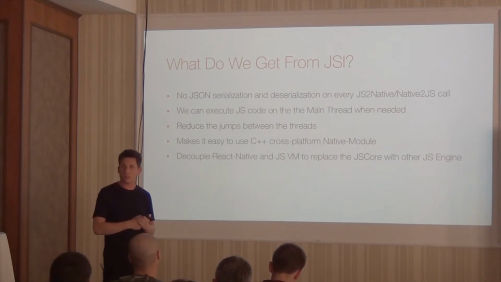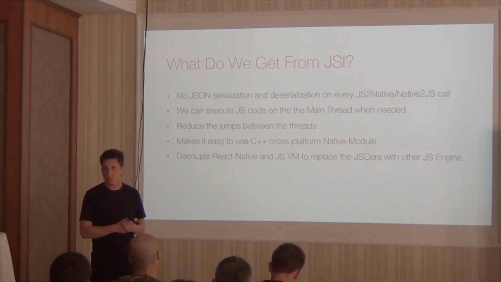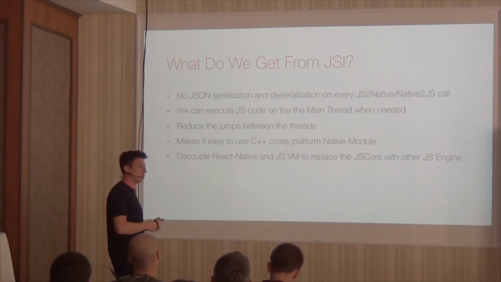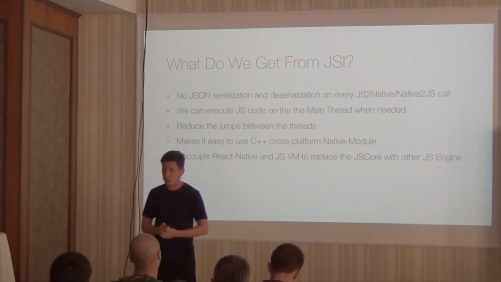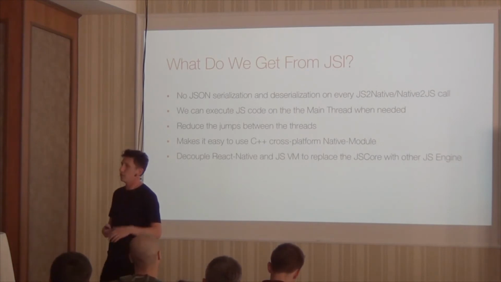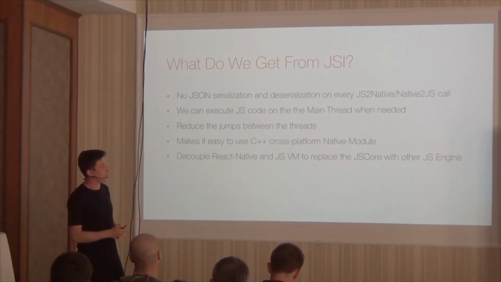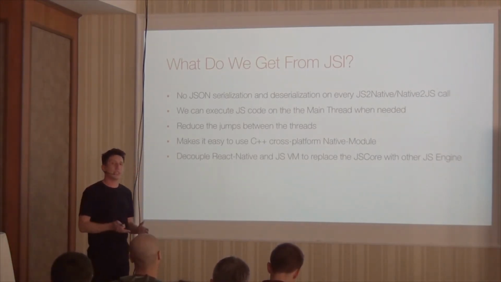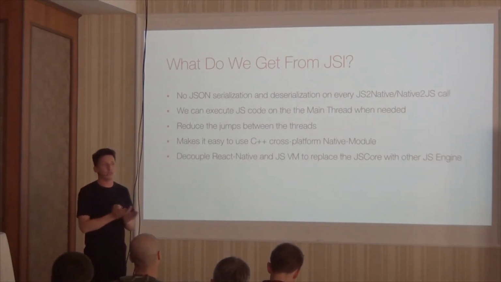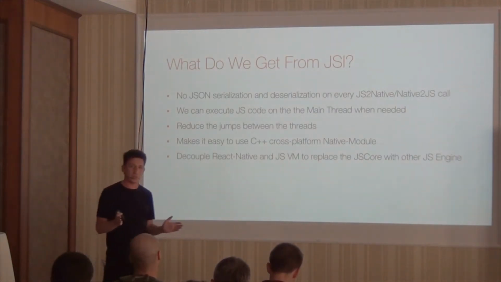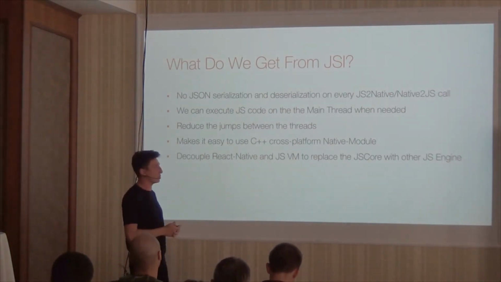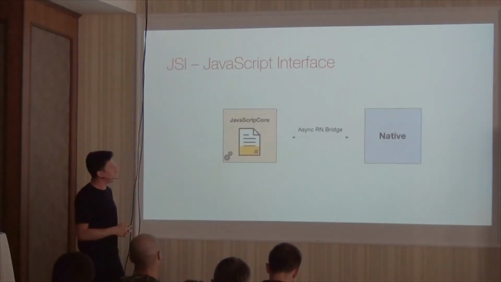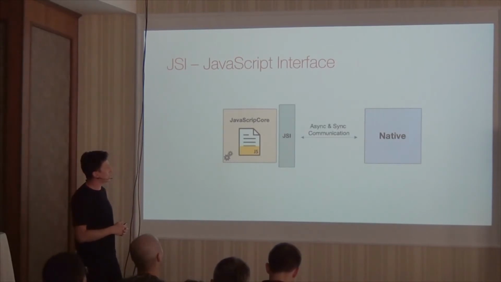And maybe one of the important things is that the current implementation of React Native is very coupled with the JavaScript Core engine. And the JavaScript Core engine is not the best engine, for example, for the Android operating system. And the new JavaScript interface, the JSI, is implemented in such a way that we are decoupled from the engine that we are executing the JavaScript code on. It's something like this.